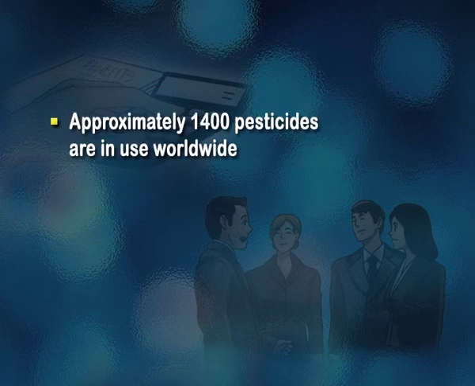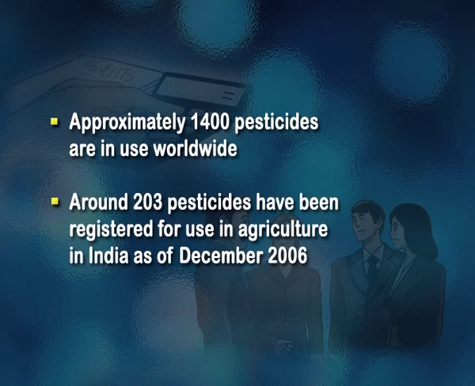If we look at the statistics, approximately 1400 pesticides are being used worldwide, but only 203 pesticides have been registered for use in agriculture in India. This is as per the statistics of December 2006.